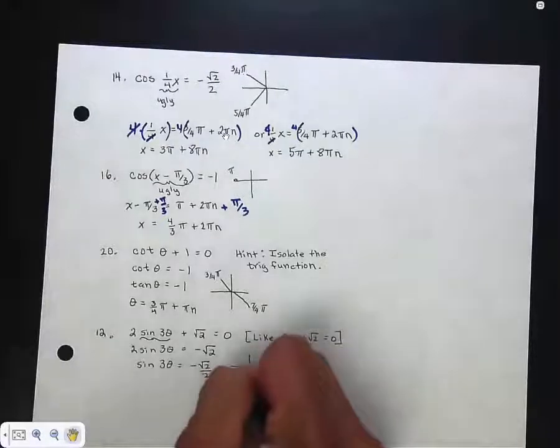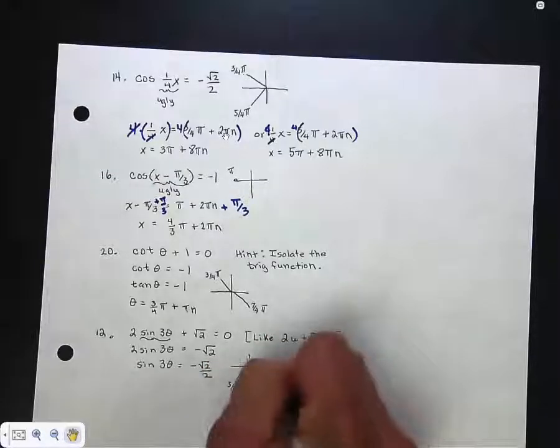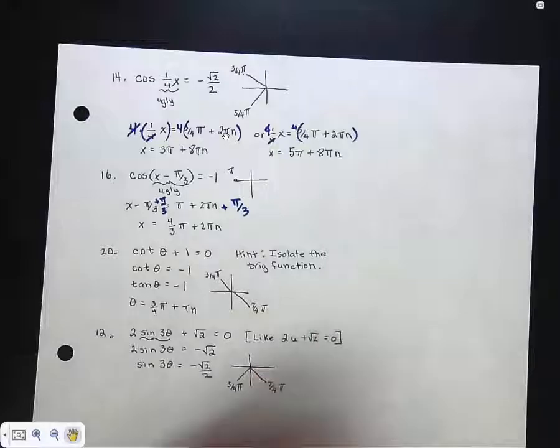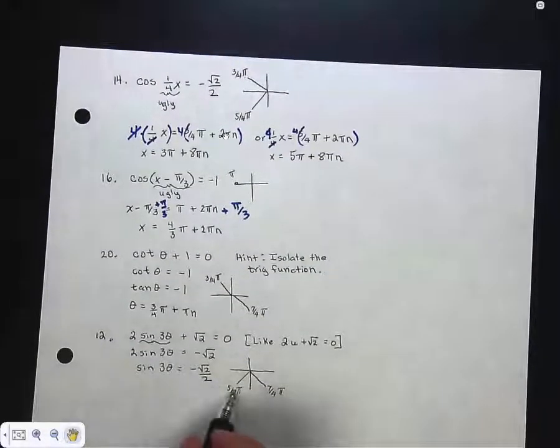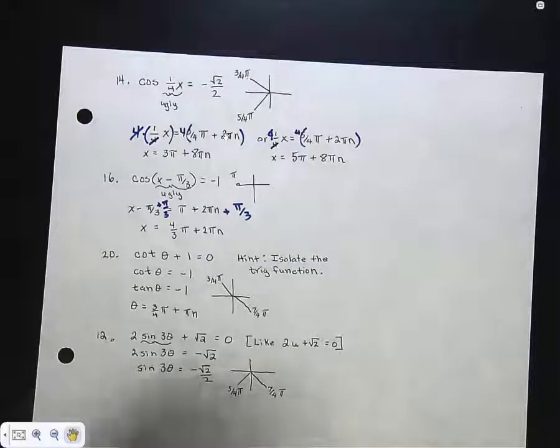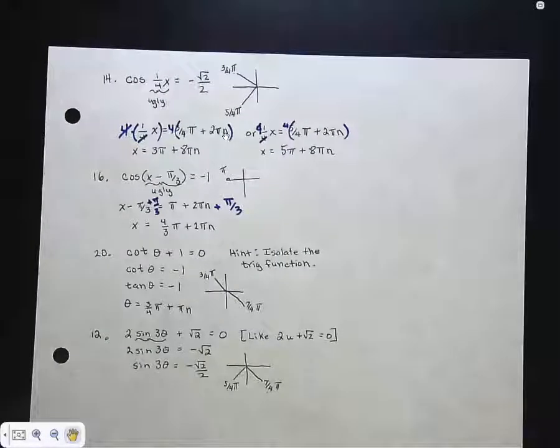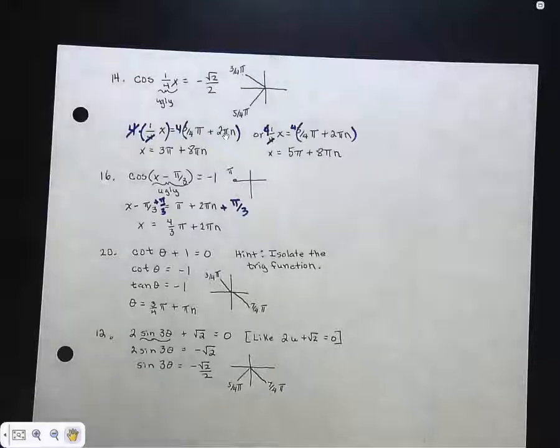This is 5/4 pi, and this is 7/4 pi. So in one revolution of the unit circle, those are the 2 angles whose sine would be negative square root of 2 over 2.